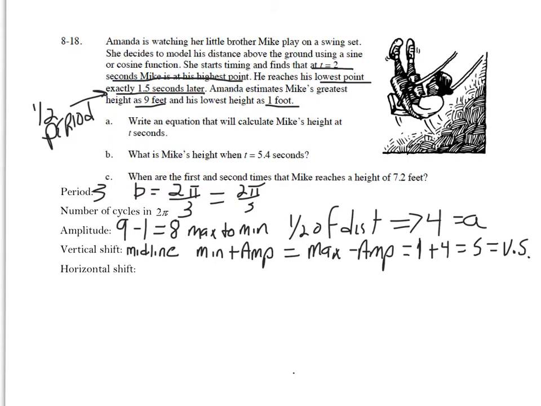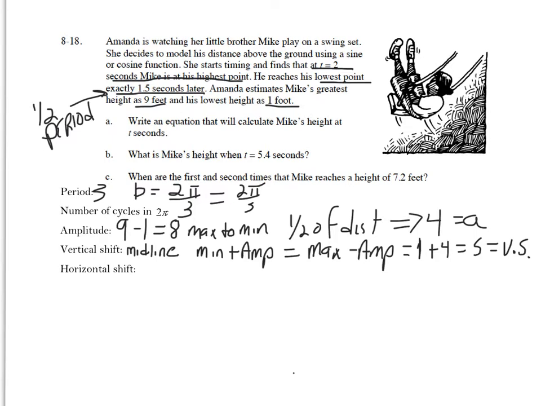Now the horizontal shift. If we use a cosine function, the cosine starts at a maximum on the y-axis. Well, she said that the highest point was at time equaling 2 seconds.